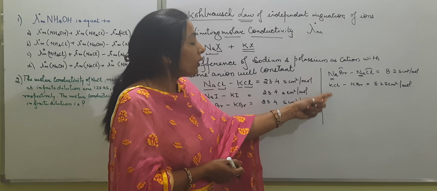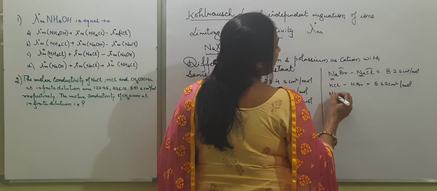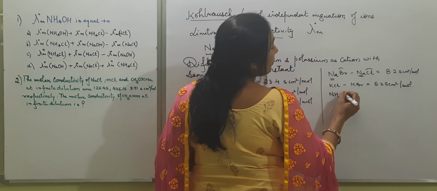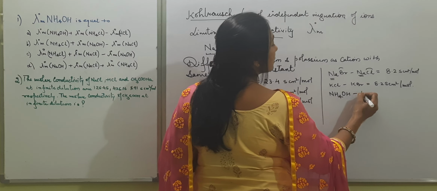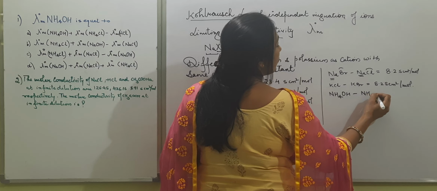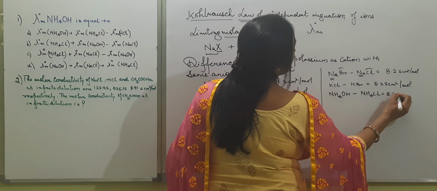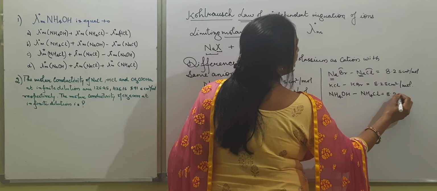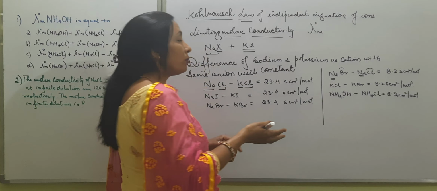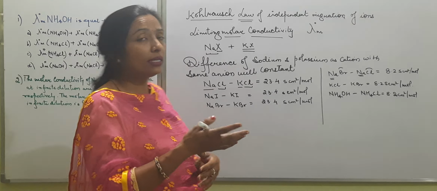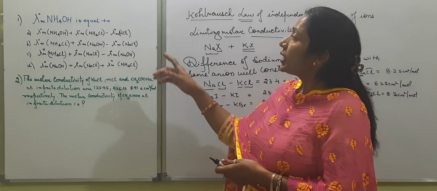If we take any cation, for example ammonium hydroxide minus ammonium chloride, with the anion different, it will be the same. So these are some of the predictions by Kohlrausch's law. And now let's have a look at this question before I wrap up my video.